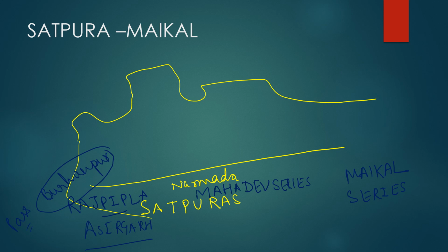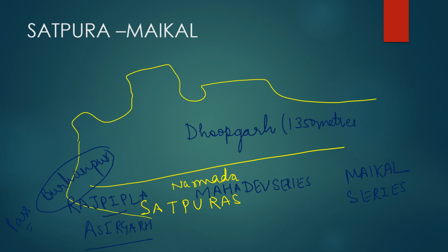Next series we have is the Mahadev series. The Mahadev series is the main part of the Satpura. The highest peaks are also found here. A very famous one is Dhupgarh. Dhupgarh is 1350 meters.